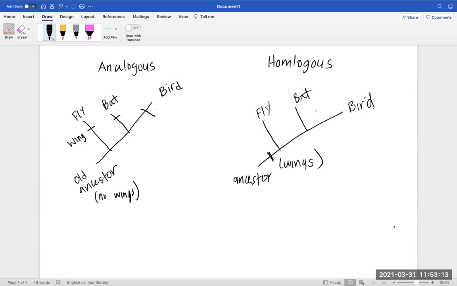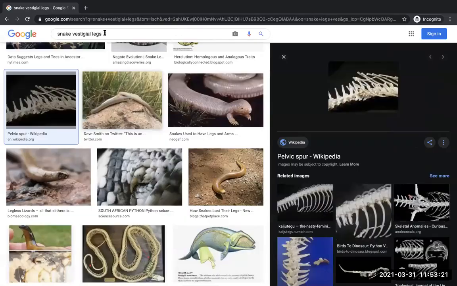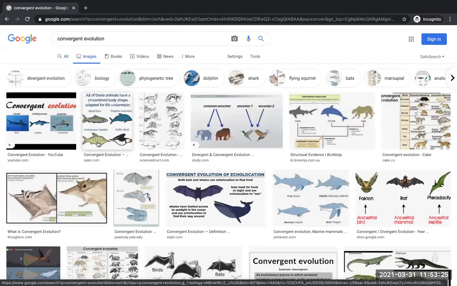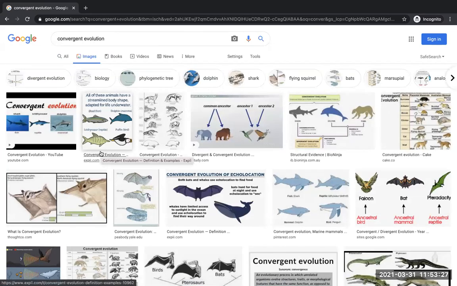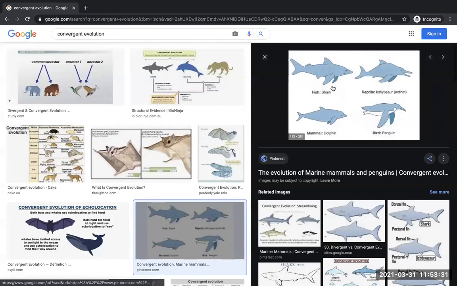Then I also said something about convergent evolution. So that's an example of convergent evolution. Let me show you another example of that. This is a fish, reptile, mammal, and a bird.